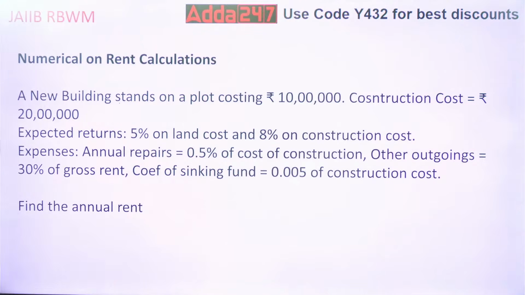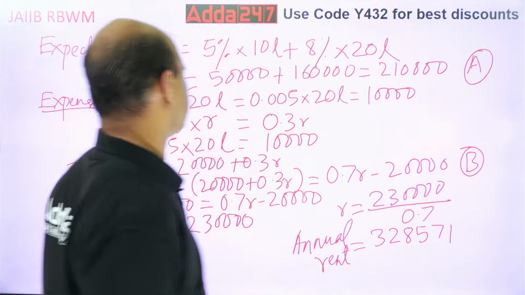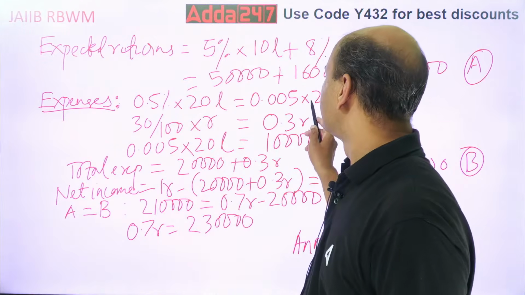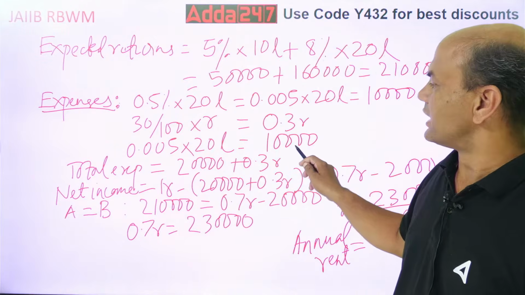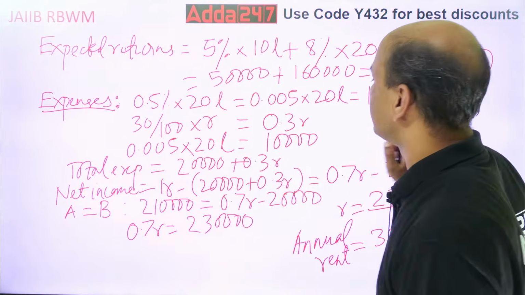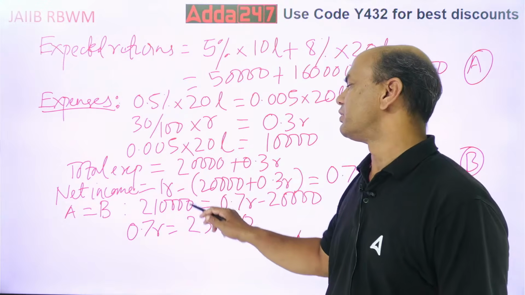We had calculated this, 10,000 and 0.3R. So whatever is remaining, what is remaining now?